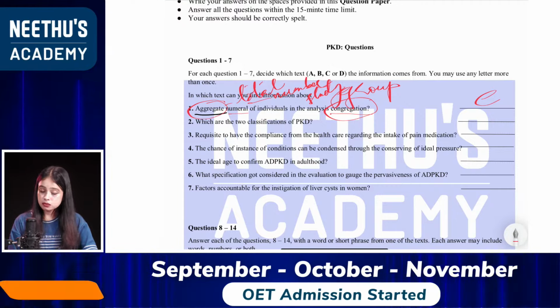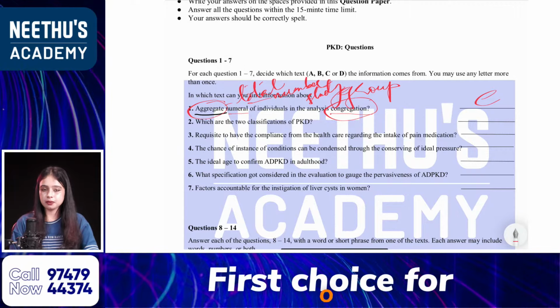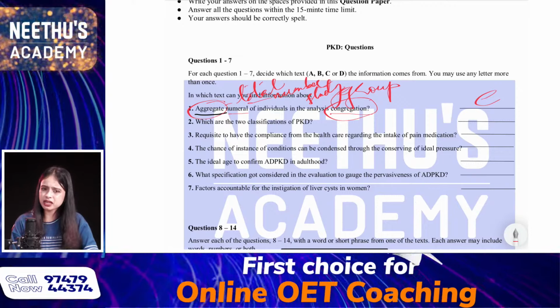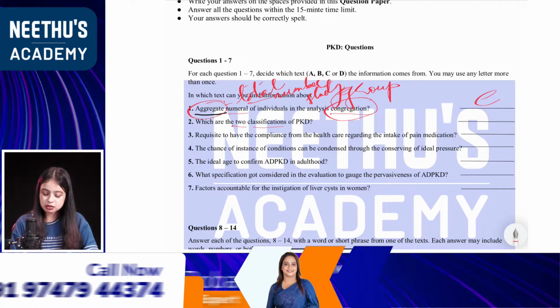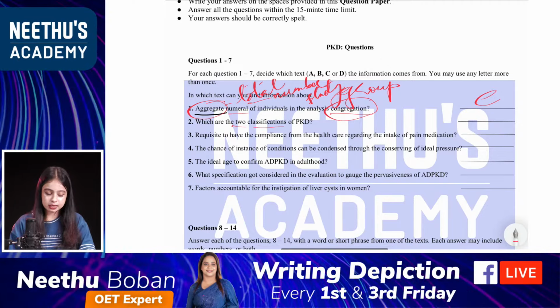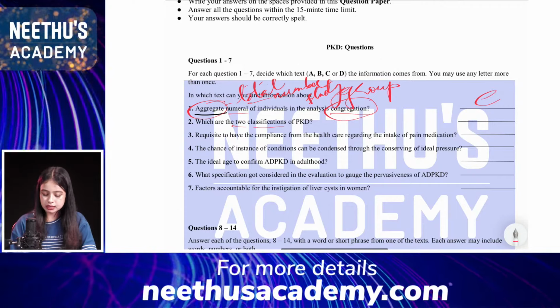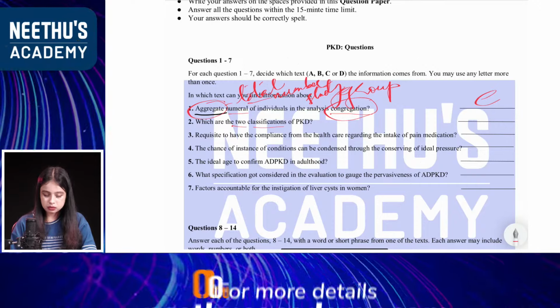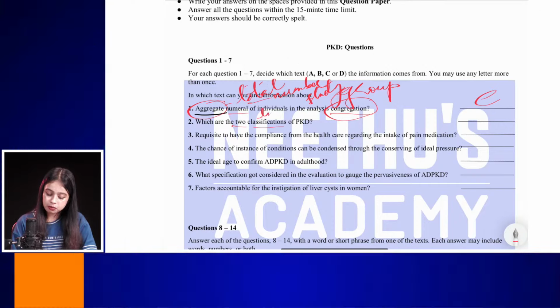Okay, second one: which are the two classifications of PKD? This is a very direct question, not that tough. Two classifications of PKD. Okay, Riba and Puni, which is text C. Okay guys, what about the second question? Which are the two types of classifications of PKD? Instead of classification, what can I say?